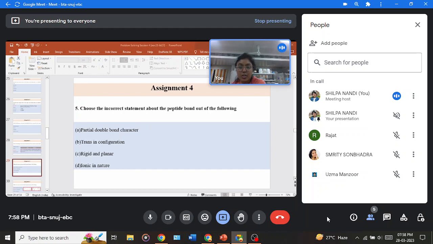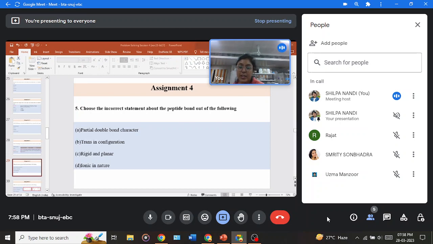The next option is whether it is rigid and planar. I may also tell you this peptide bond is planar in structure. It is rigid as well as planar. So option A and option C, I have already given you, are both correct statements.